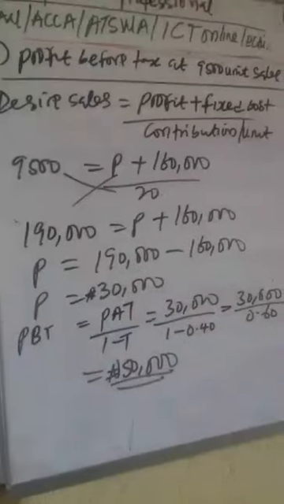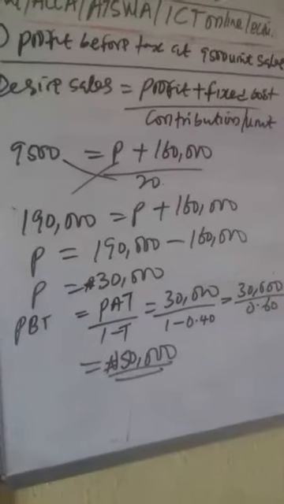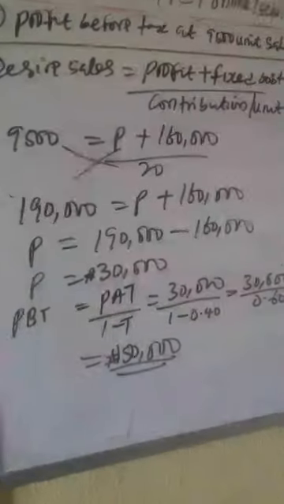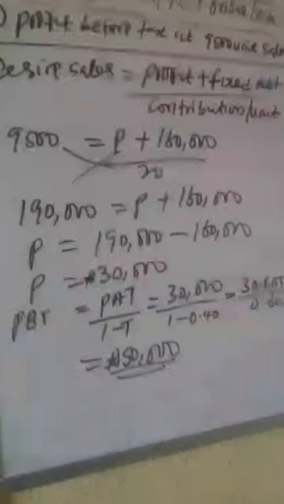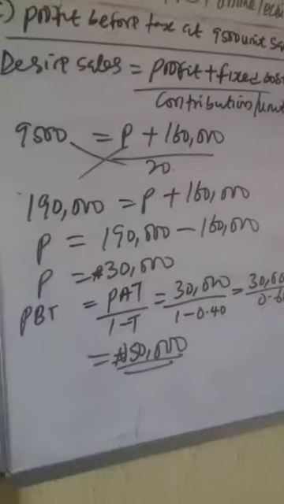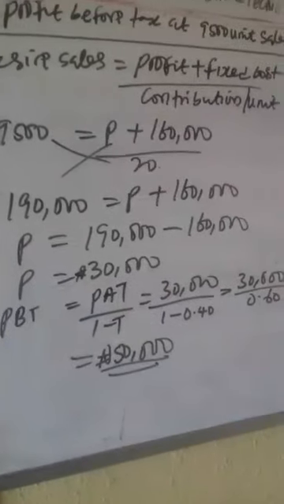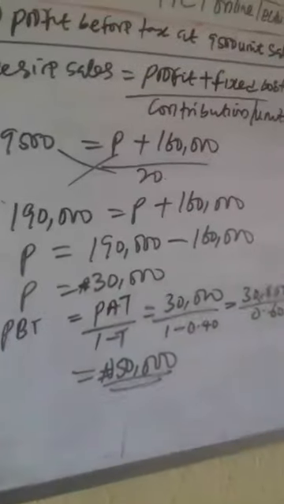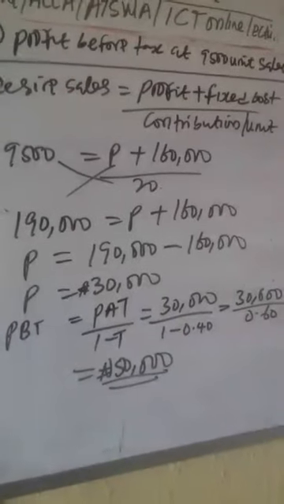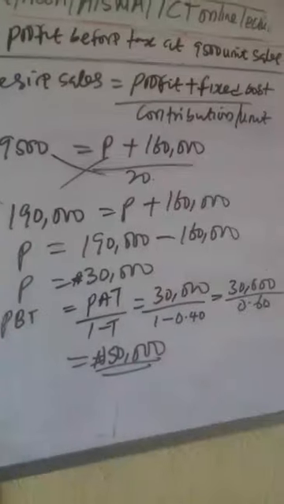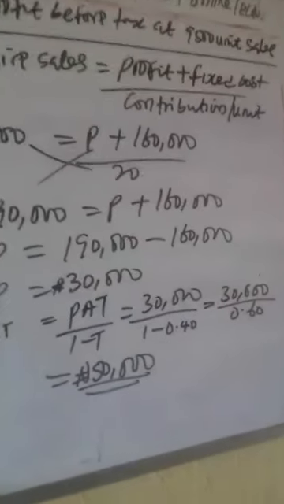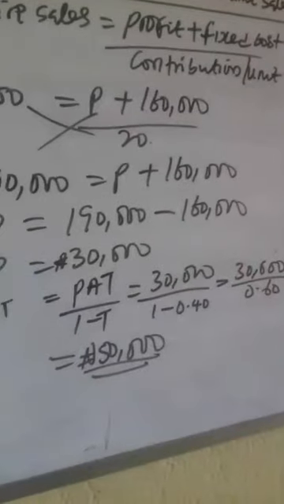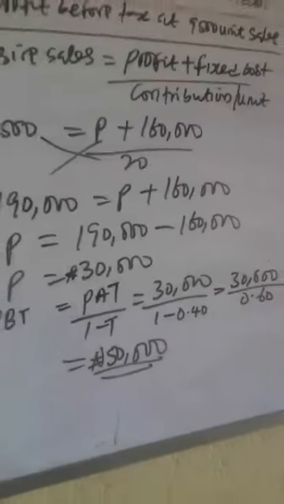Where we have sold 950,000 units, our profit will be P, we don't know the profit, plus 160,000 over 20. Cross multiply, you have P equals 190 minus 160, and then we have 30,000. Profit before tax is profit after tax, all over 1 minus T, the tax rate. And the tax rate is 40% as given in the question. So our profit before tax is 50,000 naira. Are we good to go?